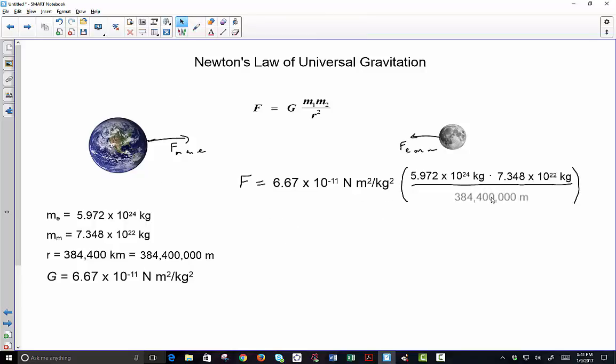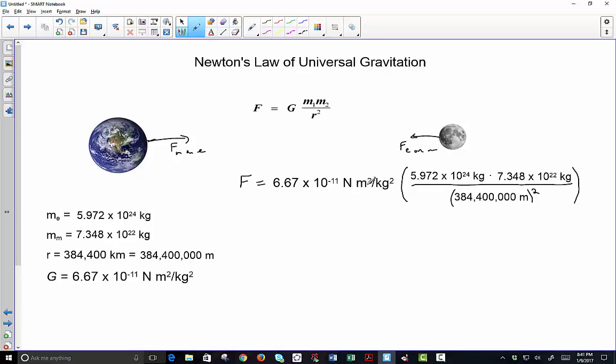So let's take this one up here. And I'll tell you, oftentimes I forget this squaring because you have all of these numbers and all of these exponents. So please, please, please remember, because it throws everything off. So we're going to take that squared.